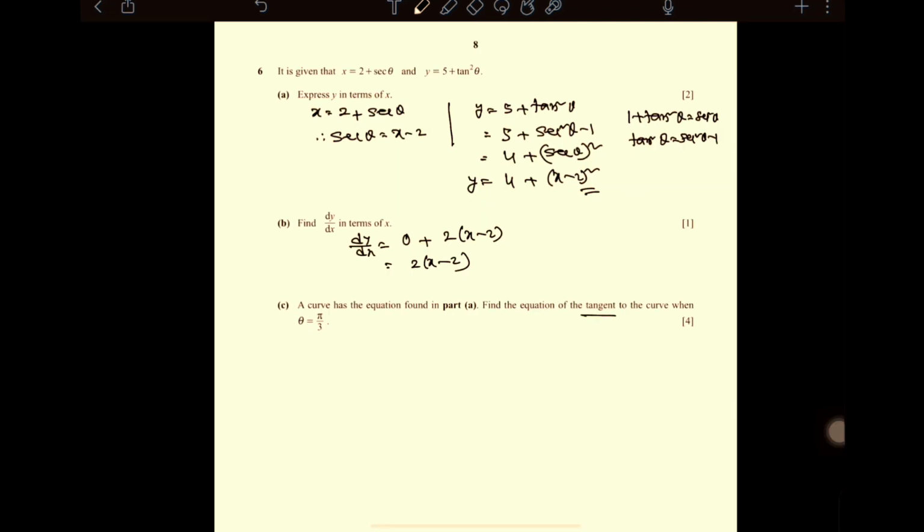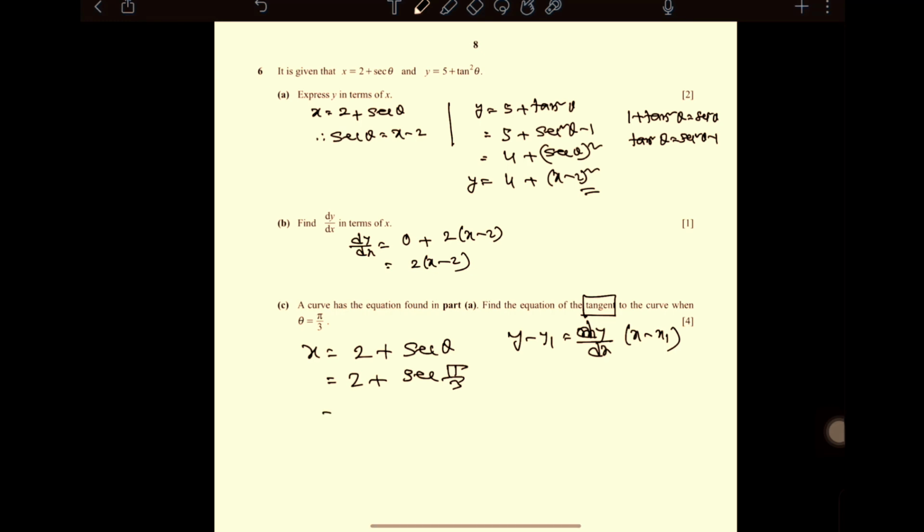To find the equation of tangent, we know that y minus y1 equals dy/dx times (x minus x1). This is the equation of tangent. So we need to find the value of x and y using theta equals pi by 3. x equals 2 plus sec theta, that means 2 plus sec pi by 3.